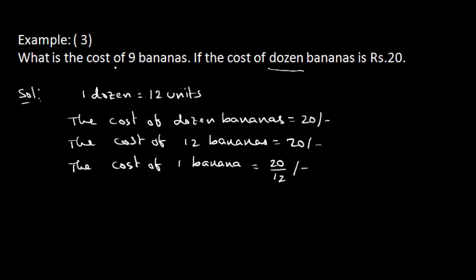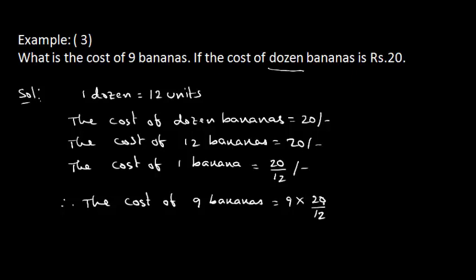Now we find out the cost of 9 bananas. Therefore, the cost of 9 bananas equals 9 into the cost of one banana, 20 by 12.